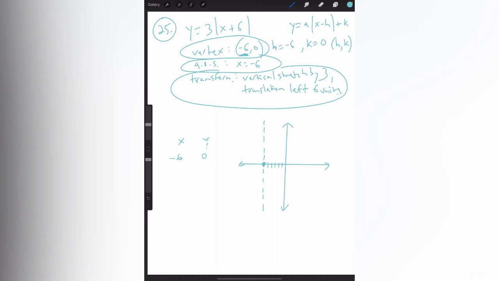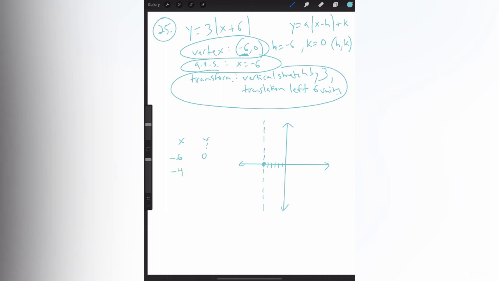I don't know, let's see where we're at when x equals 0. Okay, 0, no, that'd be too big of a number. Let's do, I don't know, -4.